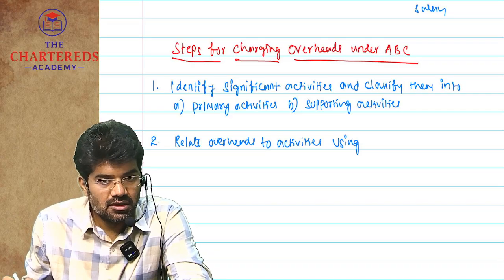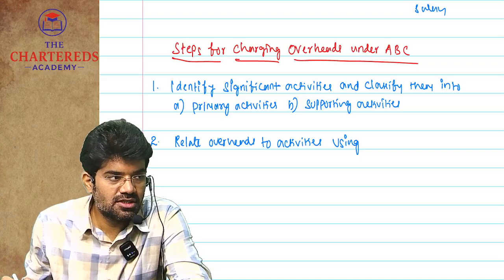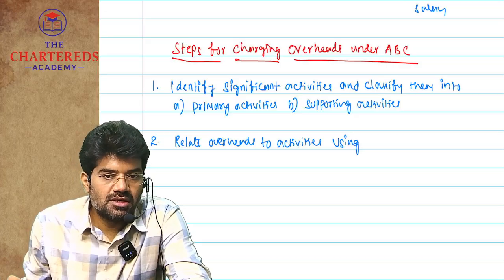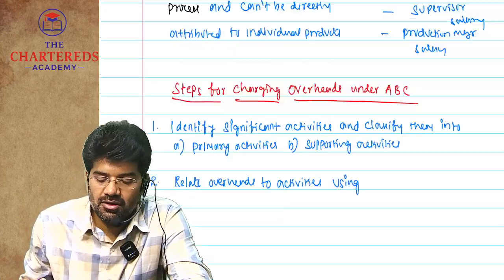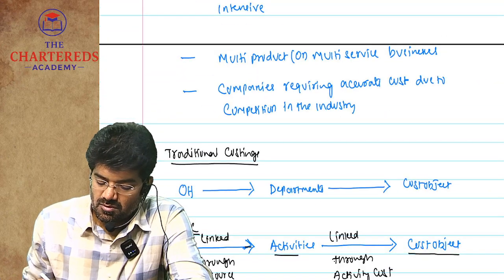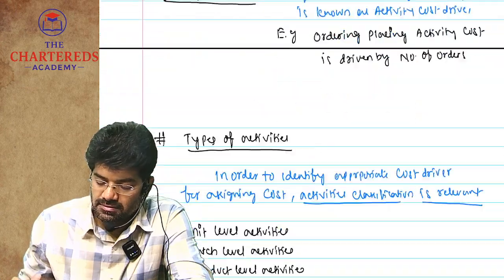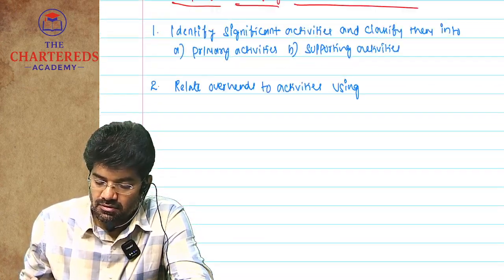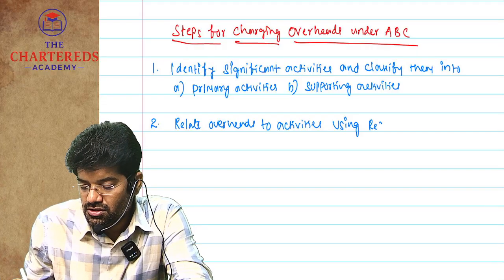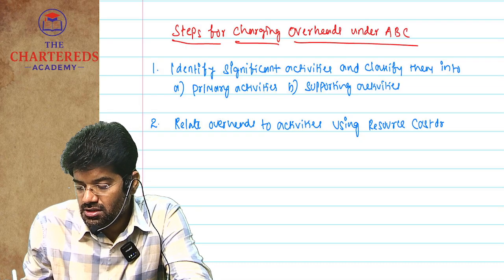First, we have to assign the overhead cost to activities using which cost driver? Cost drivers are how many types? Two types: resource cost driver and activity cost driver. The resource cost driver we use to link the overheads to activities. So that is what we have to do in step number two: relate overheads to activities using the resource cost driver.